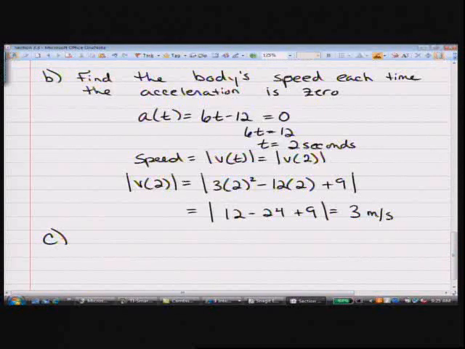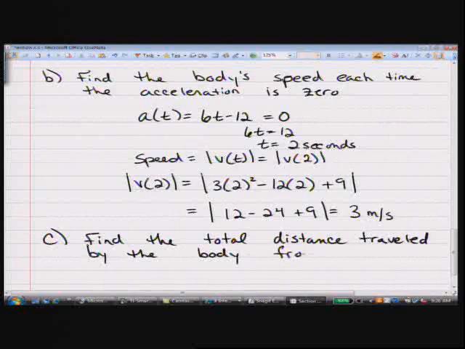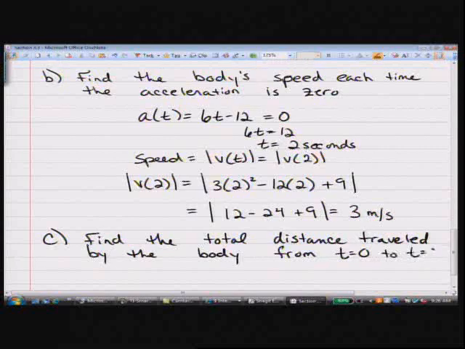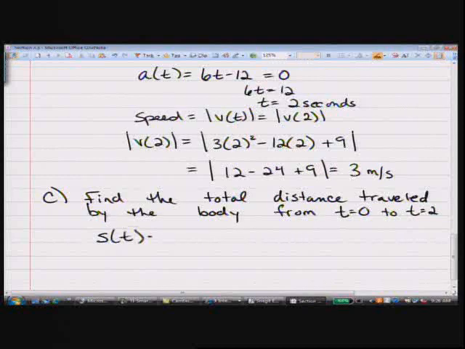Find the total distance traveled by the body from t equals 0 to t equals 2. All right. Now, S of t is equal to t cubed minus 6t squared plus 9t.